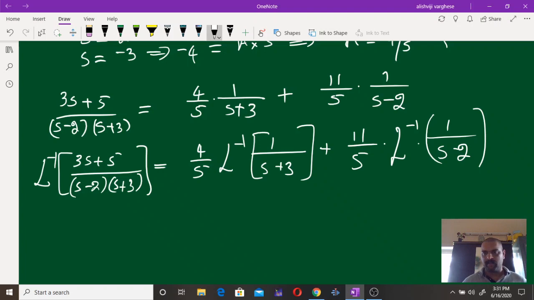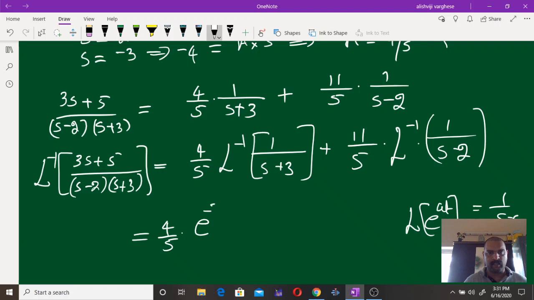Now we have the Laplace transform of e raised to at is equal to 1 by s minus a, and using this result, 1 by s plus 3 is the Laplace transform of e raised to minus 3t, and the inverse Laplace transform of 1 by s minus 2 is e raised to 2t.